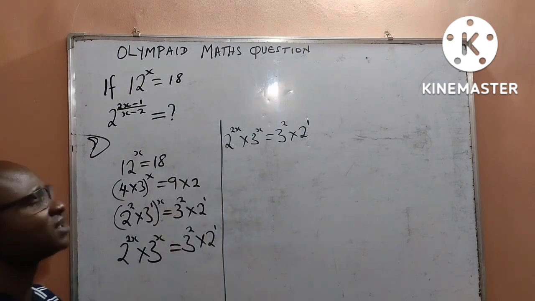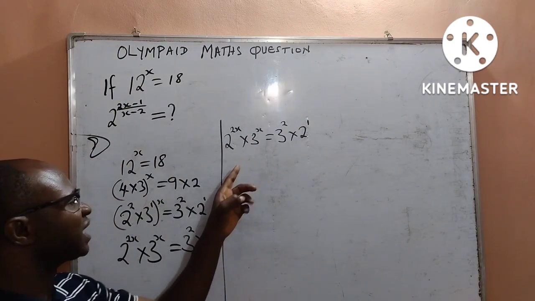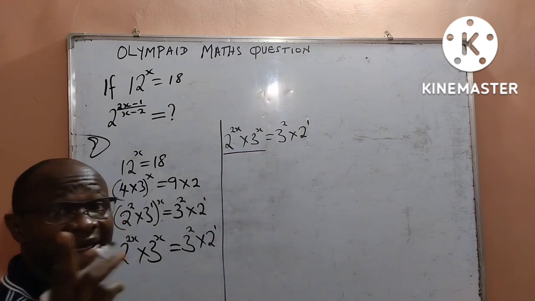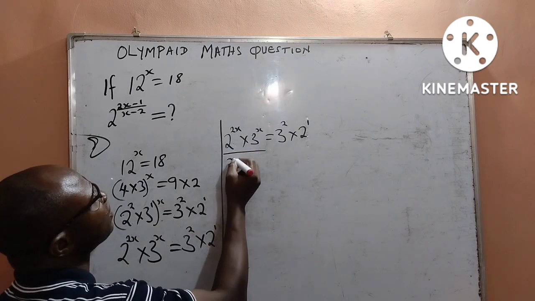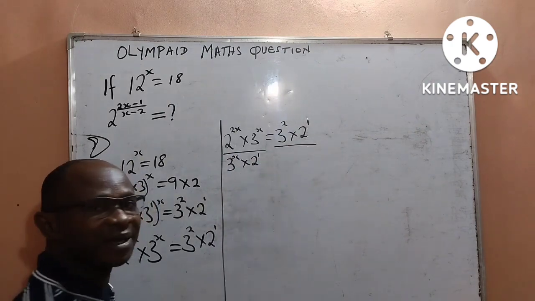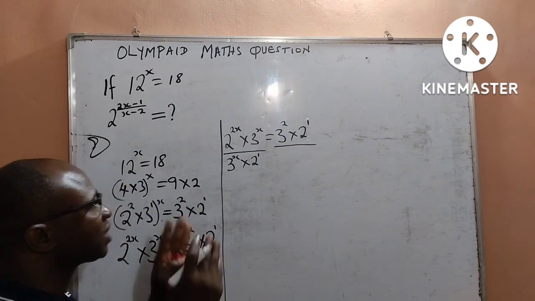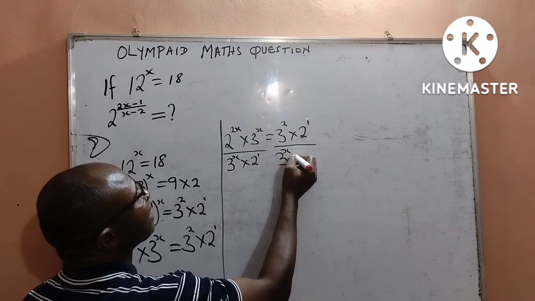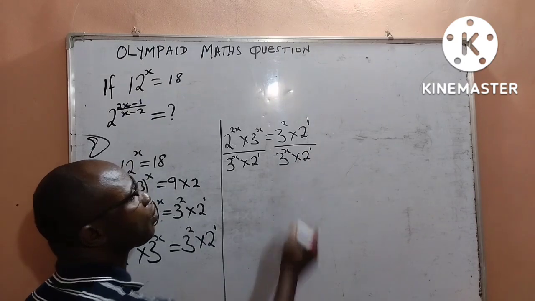I want to make a division so that I will achieve what I just said. And that means I shall be dividing the left hand side by 3 raised to the power x multiplied by 2 raised to the power 1. Also on the right hand side, the same value, so that I will maintain the equation. So I still divide by 3 raised to the power x multiplied by 2 raised to the power 1.